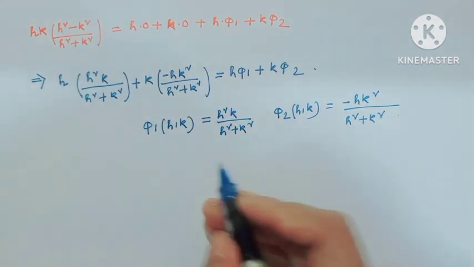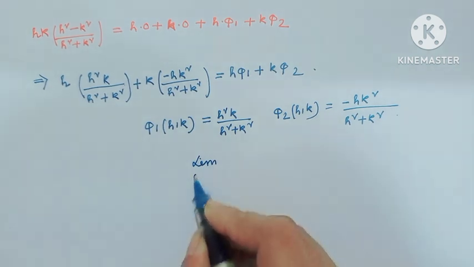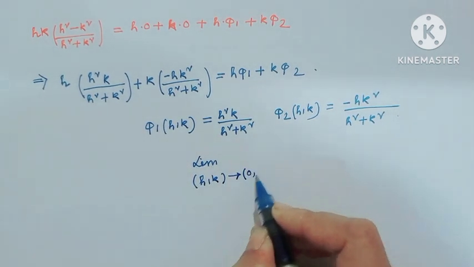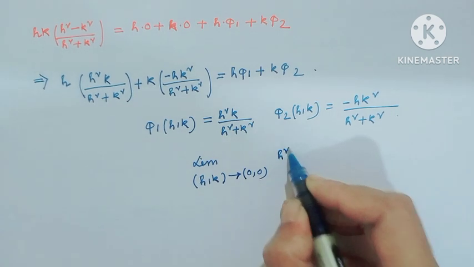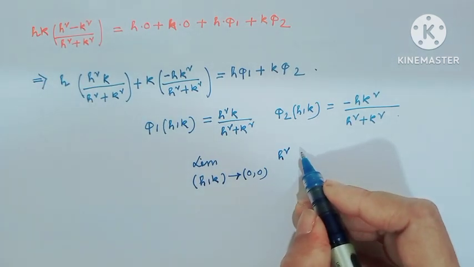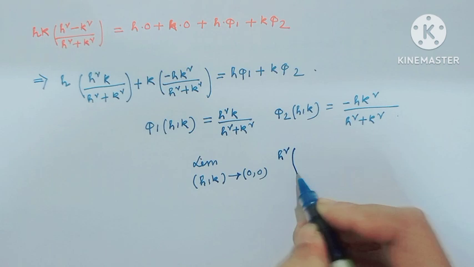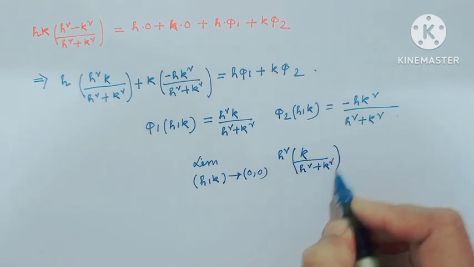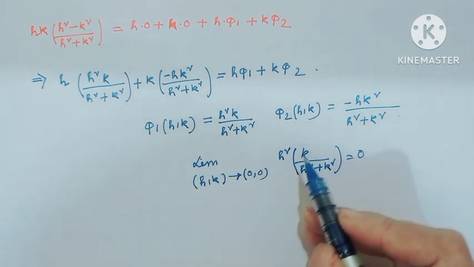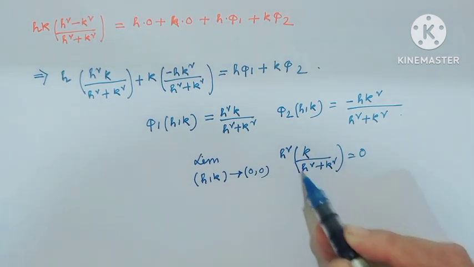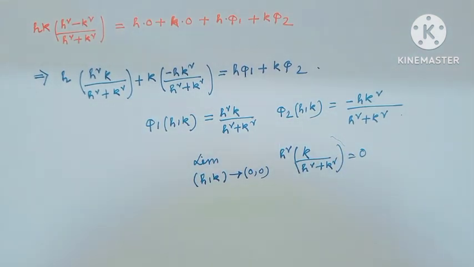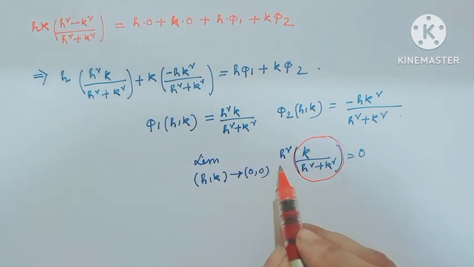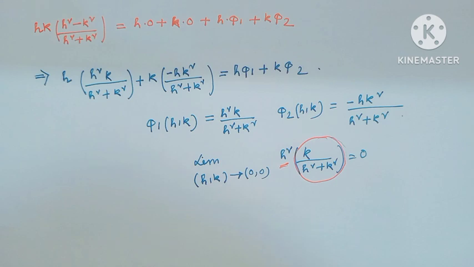and limit (a, k) tends to (0, 0) of a²k/(a² + k²) is equal to 0. Because this is a bounded function, this part is bounded, so obviously as k goes to 0, a² goes to 0.